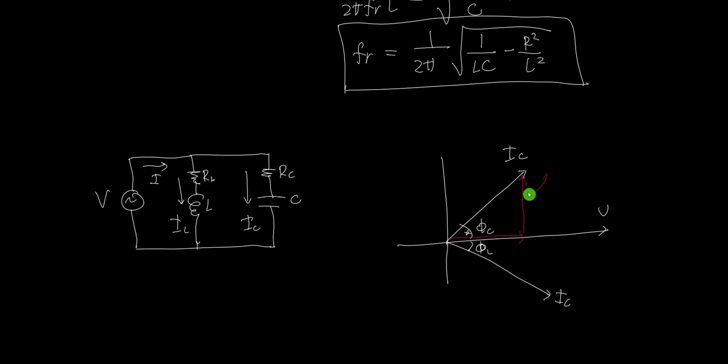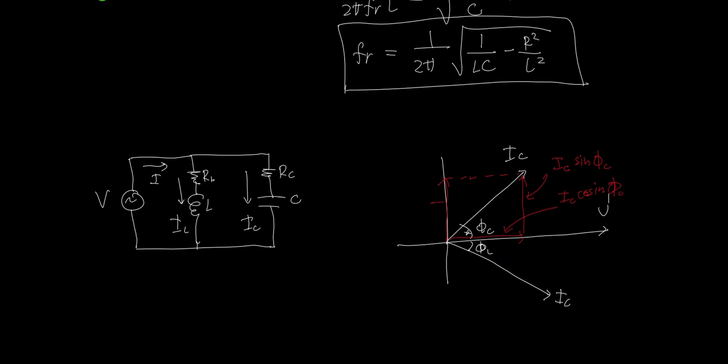This component here, if this is phi C, it's the opposite, so that's sine. That will be IC times sine of phi C. And it's the same as if you draw a line here, this vector here. This is also IC sine phi C. Then for this part, this will be IC cosine of phi C.